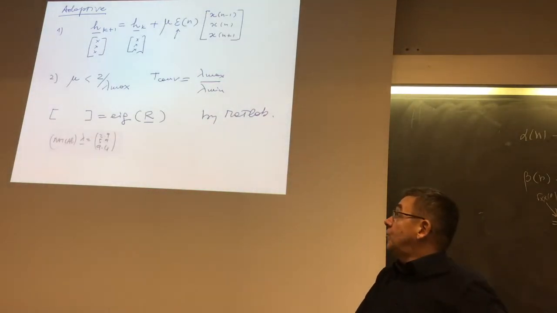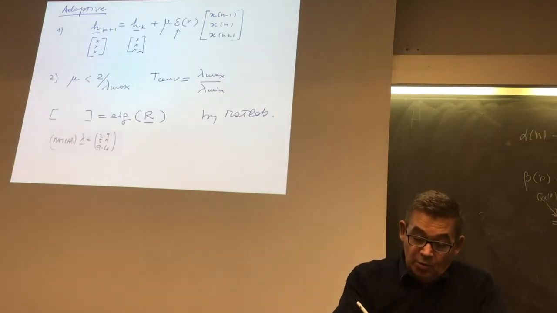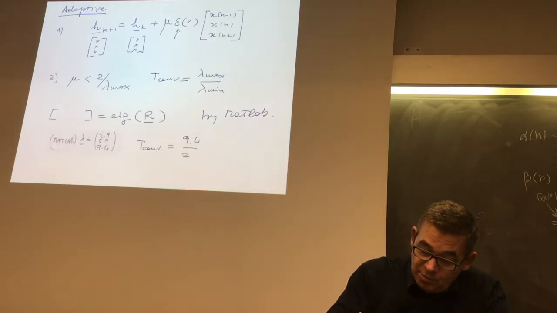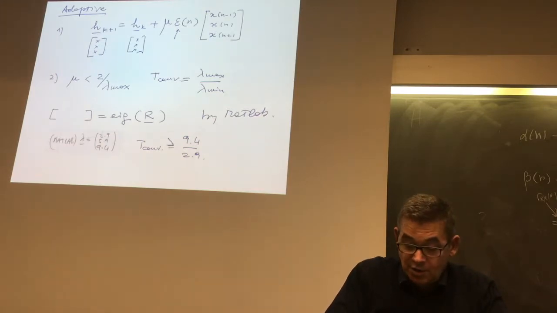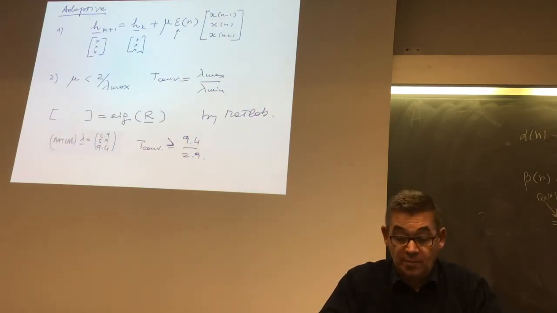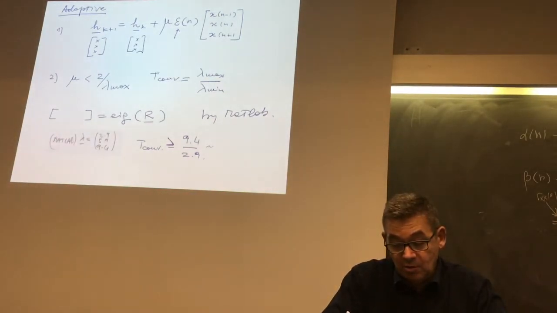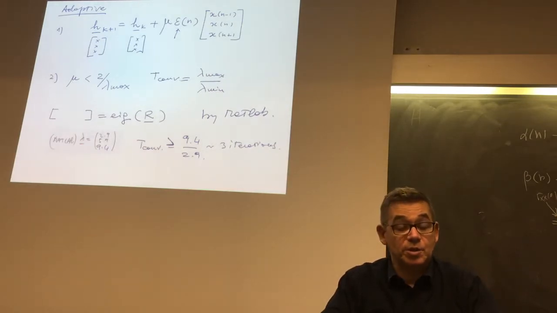These are the 3 coefficients that you get by MATLAB. So, what is the time for convergence? The time for convergence is equal to 9.4 divided by 2.9. It comes to about 3, so it should be 3 iterations.